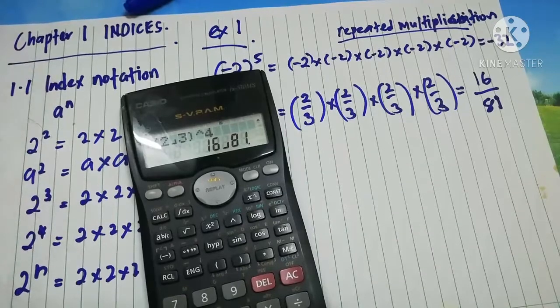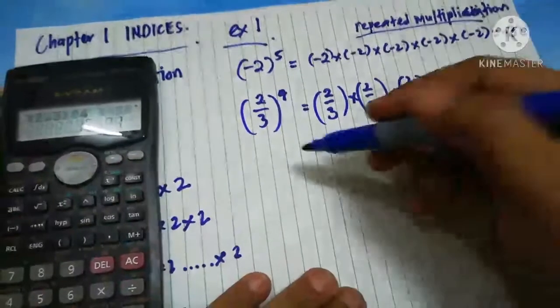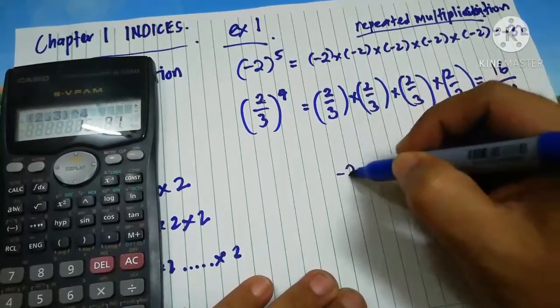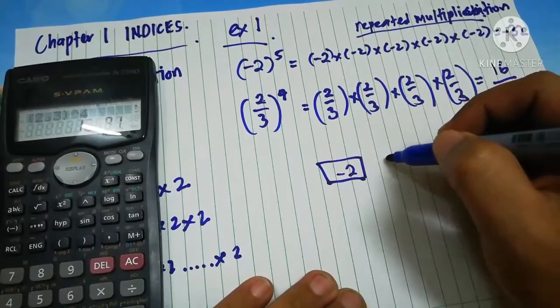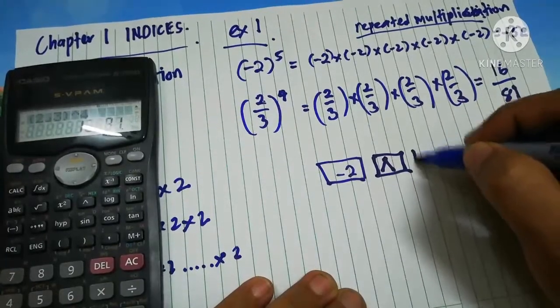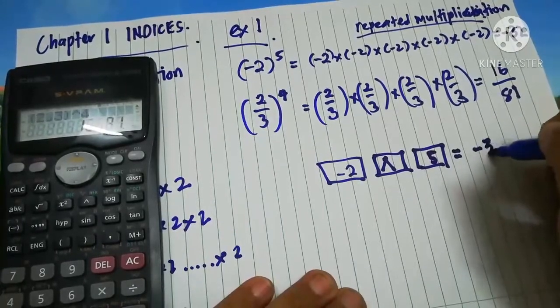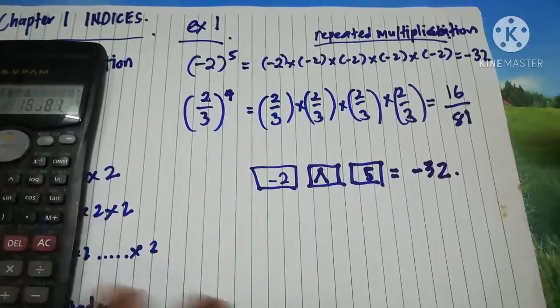Okay, example 1. So smart calculator: negative 2, and then guna simbol ini ya, cap ni, and then button 5, and then equals to negative 32. Senang je. Okay, so example 1 settle.